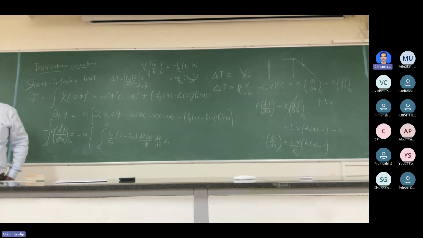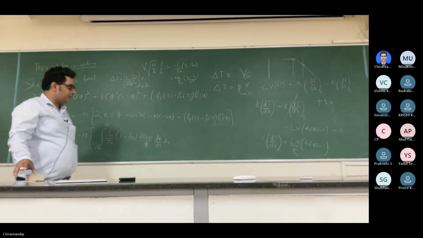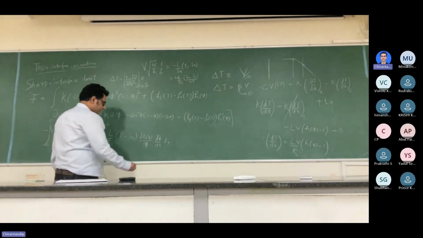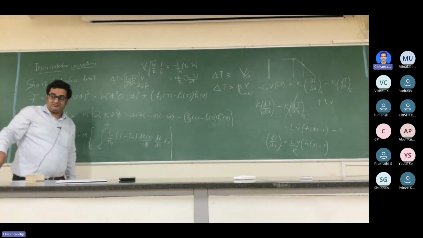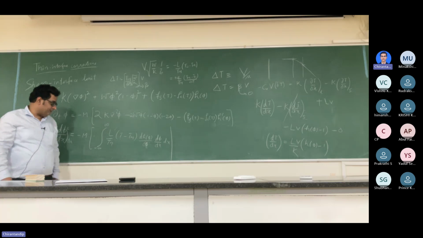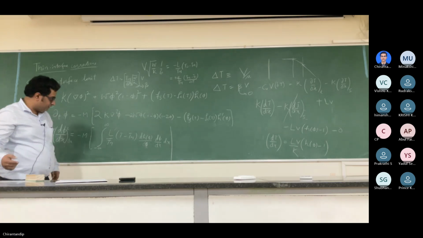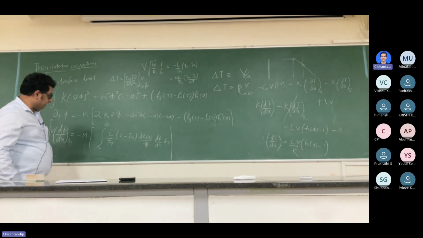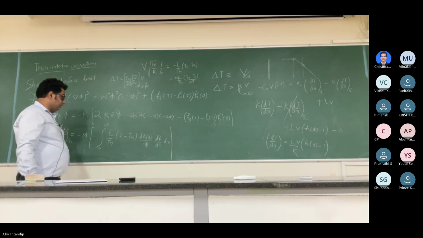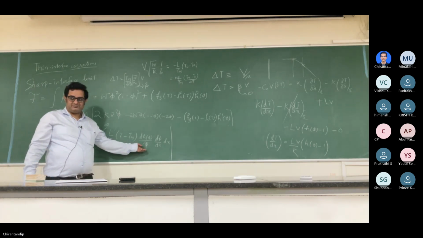I have dt by dx, but not t. Any ideas? Integrate by parts. Good. So I will essentially integrate what and differentiate what? You can integrate this one.